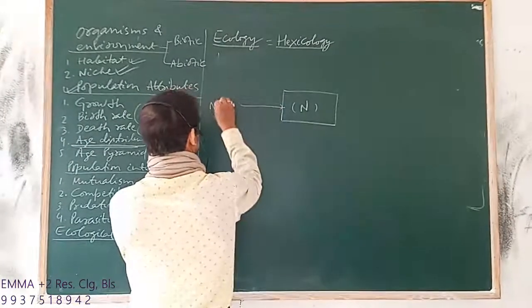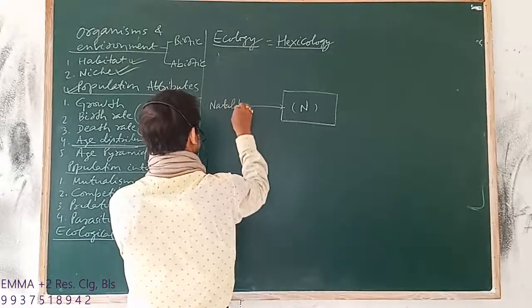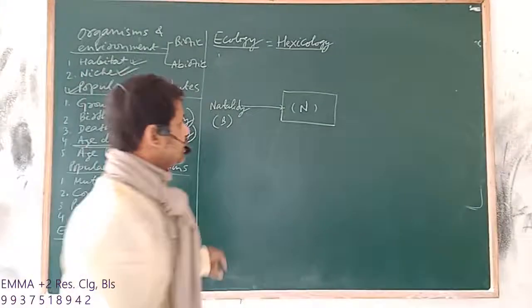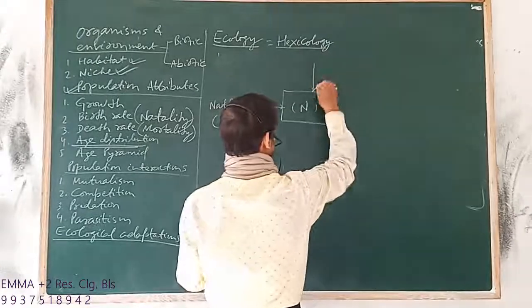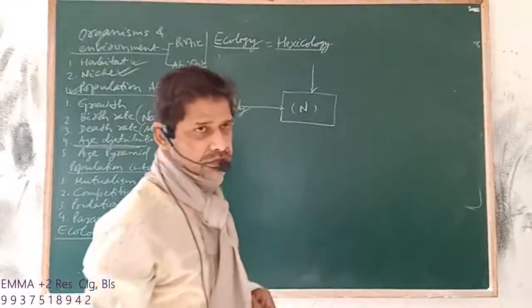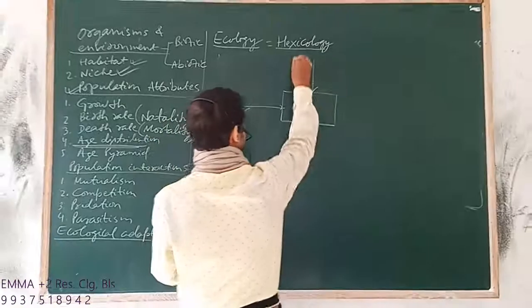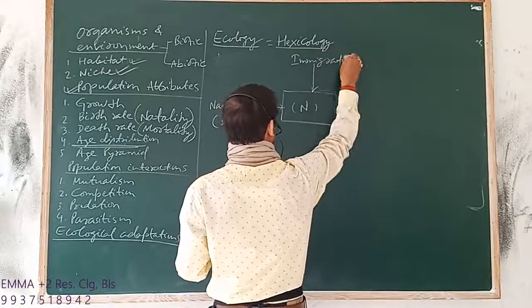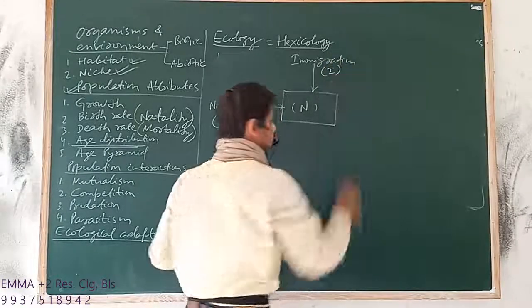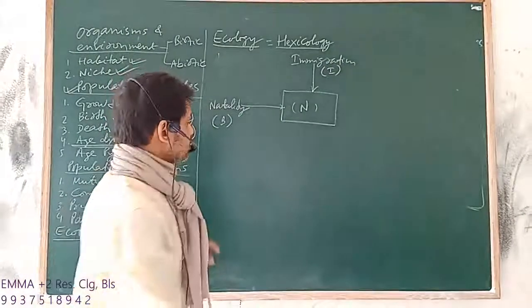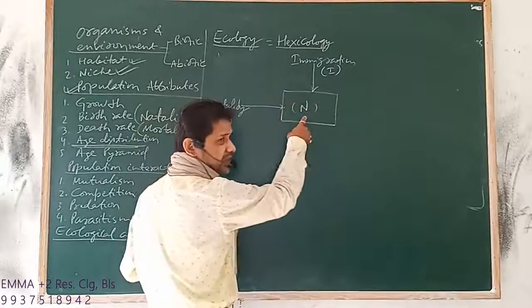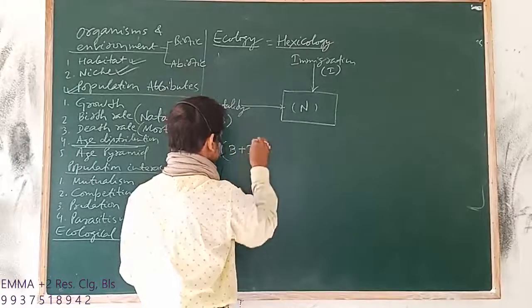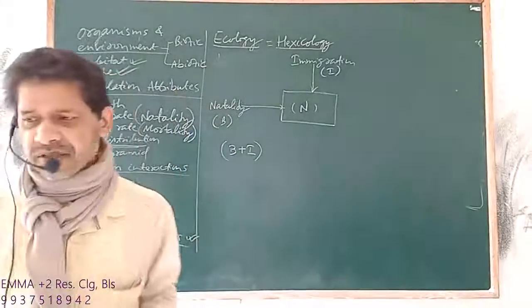By means of natality, natality means birth rate B. Immigration, suppose some foreigners enter, so that is immigration. Immigration means I. So population density can increase by means of these 2 factors, B plus I.